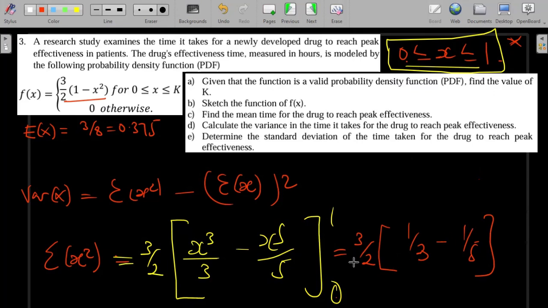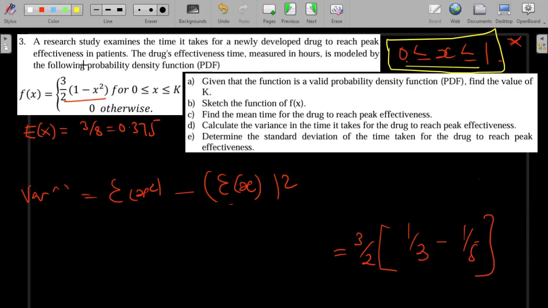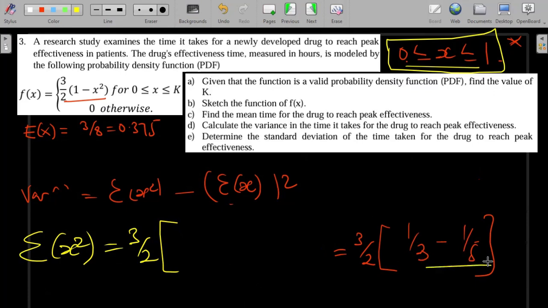Okay, so we're going to get this. Can erase this part? So we say the expected value of x squared is equal to 3 over 2. And then inside here, if I subtract these two, the common denominator is 15. 3 into this is 5 minus 3, so it will be 2 over 15.